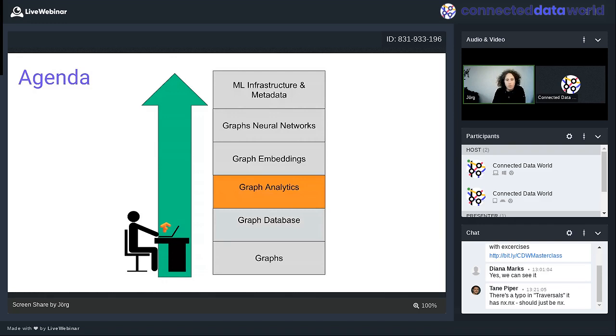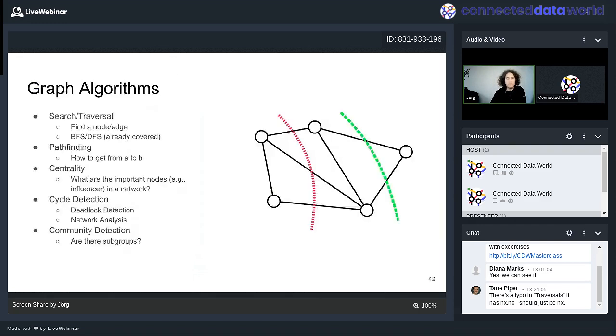Okay. Graph algorithms. So how can we extract knowledge from a graph? On the one hand, we have search and traversal algorithms. For example, we try to find a particular node or a particular edge.